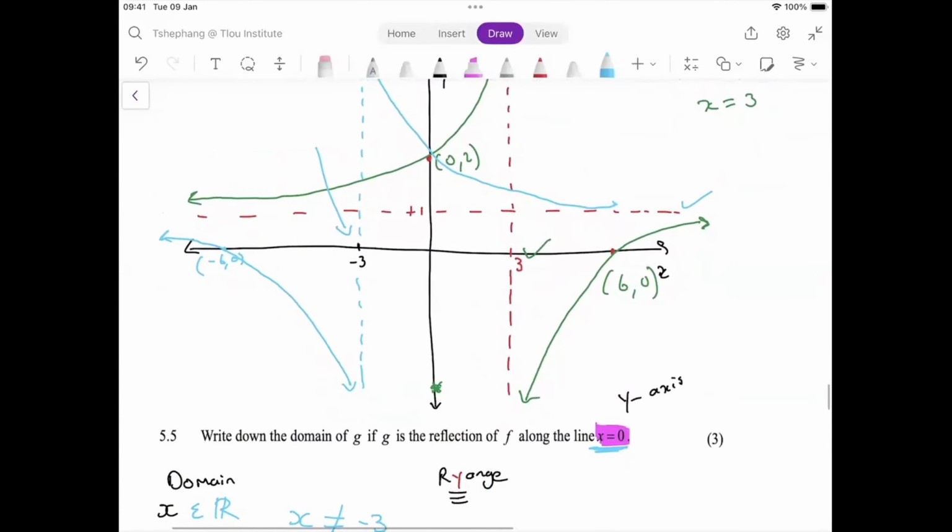If there was a point here, maybe point A, with coordinates, let's say, (-4, 4), and you reflect this point along the y-axis, you are now going to have (4, 4). The y value is not changing, only the x is changing.